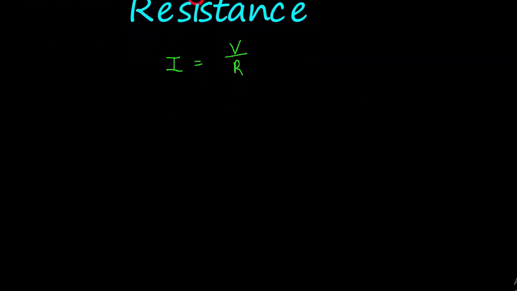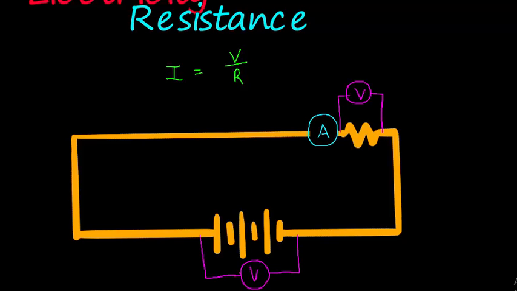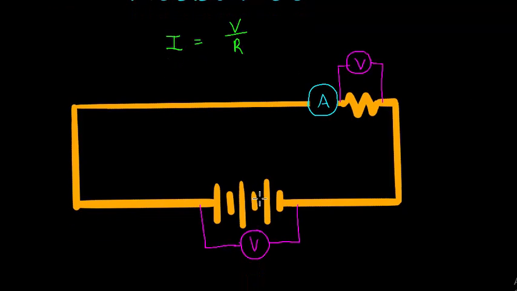So if I were to look at a diagram, this is a simple diagram. What we have is a battery here, a collection of cells. There's the positive end, the negative end. Electrons start flowing in this direction. As they're coming out here, they have a certain voltage.